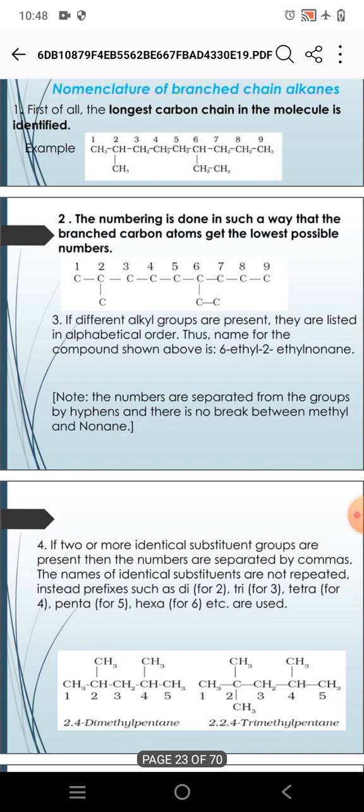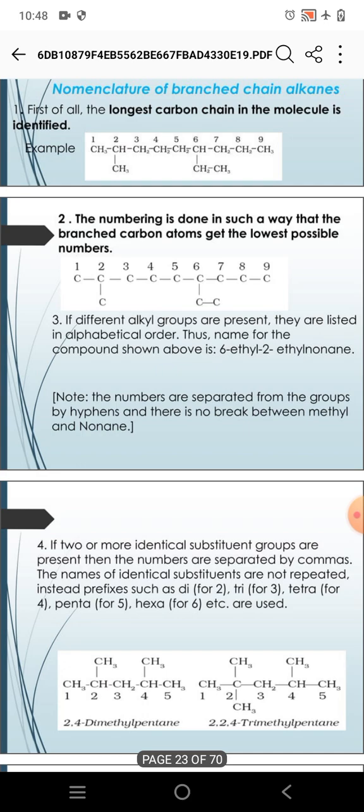Look at the above structure, the ethyl group is present at carbon 6, and the methyl group is present at carbon 2, and due to alphabetical order we prefer the ethyl group first, then we take the methyl group.